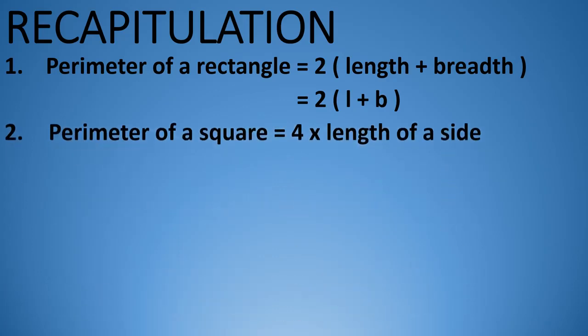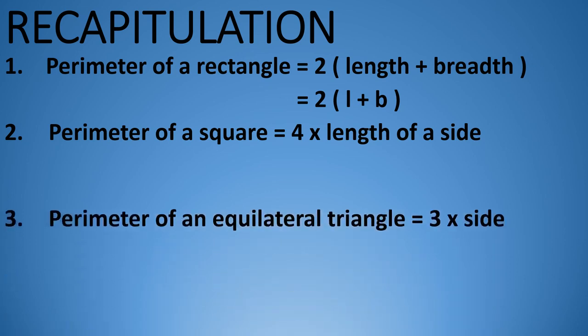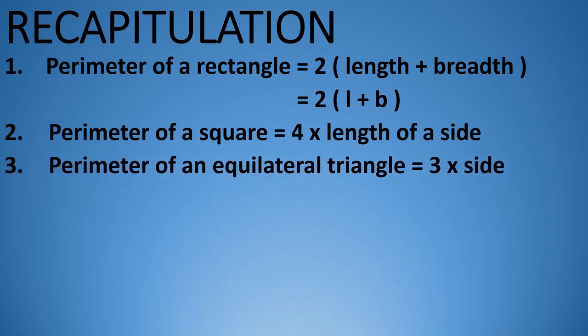Perimeter of a square equal to 4 multiply length of a side, as in square all the 4 sides are equal. Perimeter of an equilateral triangle equal to 3 multiply by side, as in equilateral triangle, its all the 3 sides are equal.